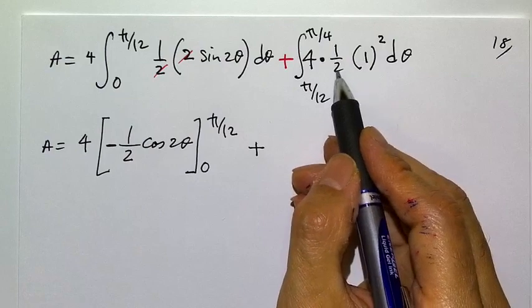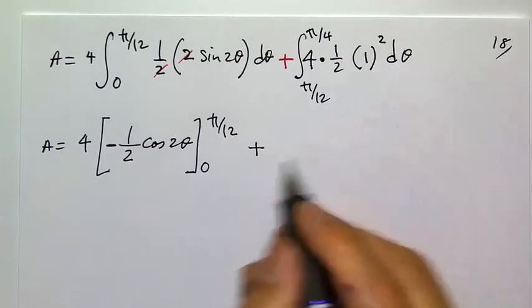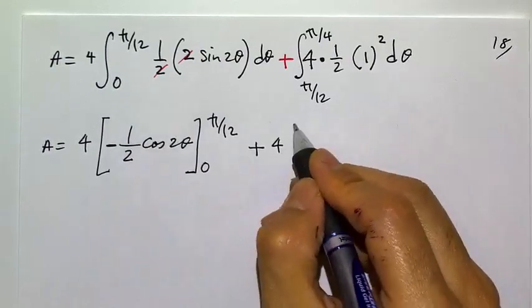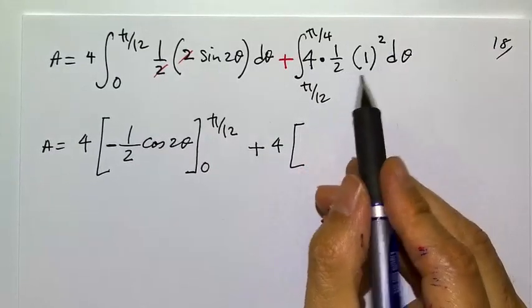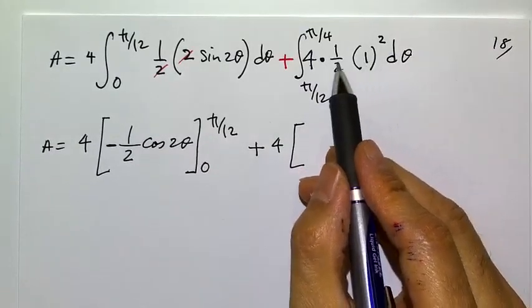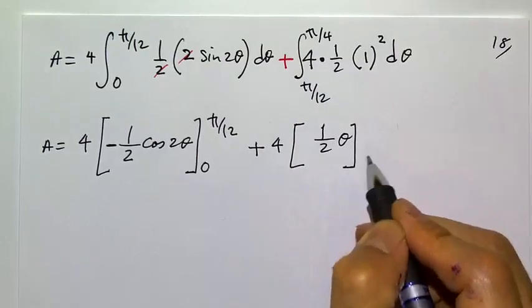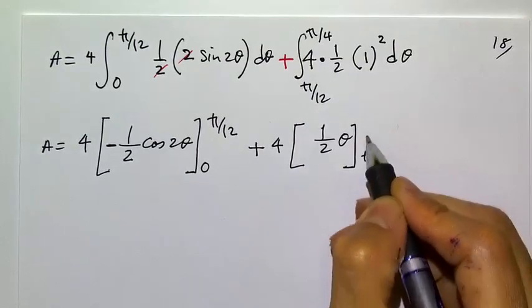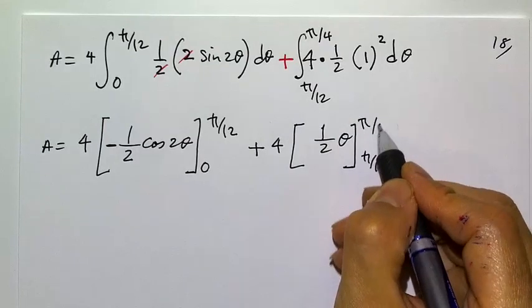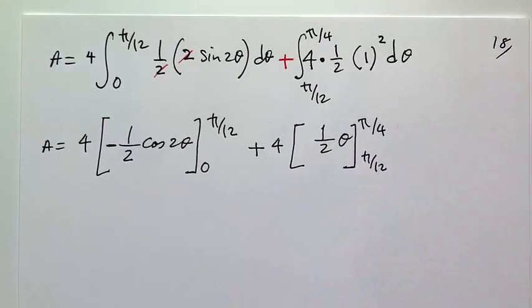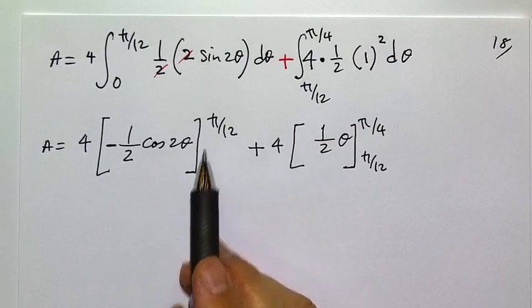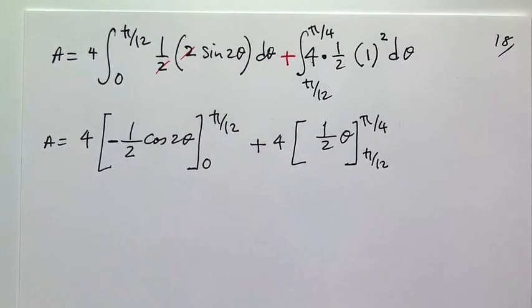So this is just 4 times 1/2 theta. So I'll just keep the 4s. 4 times 1/2 theta, going from pi over 12 to pi over 4. Okay, I'm just double checking here. Okay, this should be good.